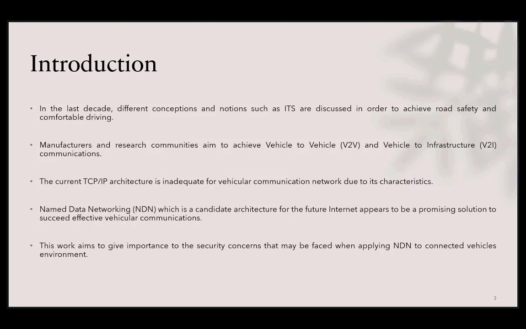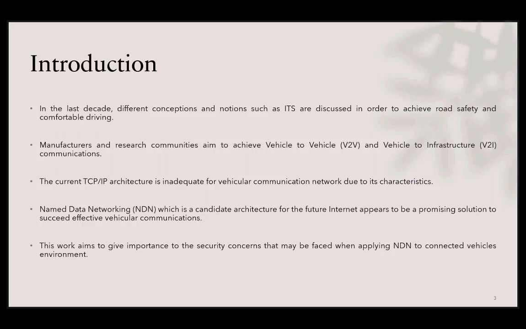Today, a variety of technologies are already deployed and vehicles can now use navigation systems, connect to the network, and run different applications. In addition to the mentioned services, manufacturers and research communities aim to achieve vehicle-to-vehicle and vehicle-to-infrastructure communications in order to enhance road safety by exchanging alerts and safety messages between vehicles and roadside units.